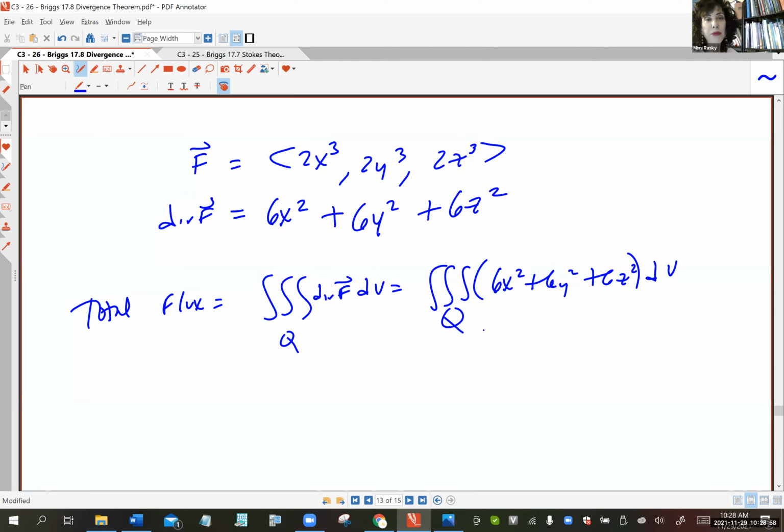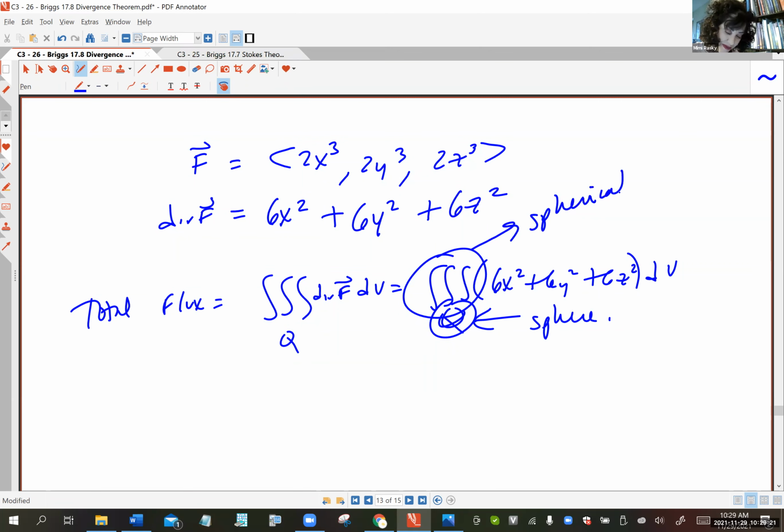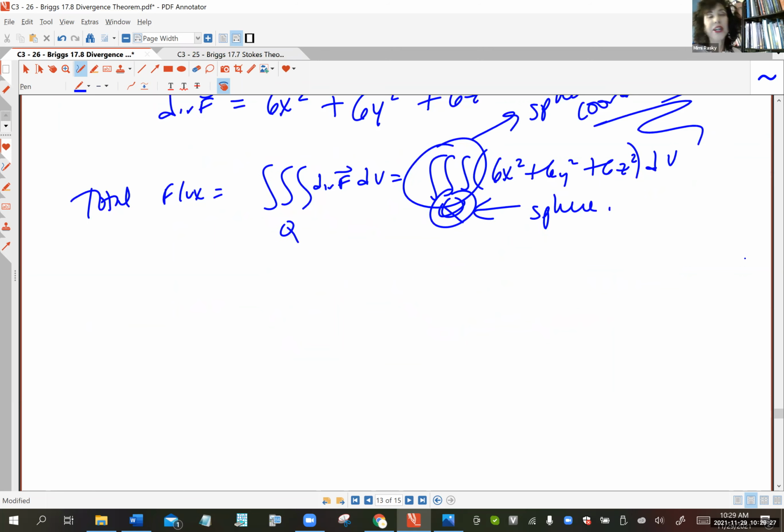Well, I hope you remember that when you have a triple integral and you're integrating over a sphere, what do we usually convert to? Anybody remember? Polar. Close. Triple integral. Spherical. You're going to need spherical coordinates. So we're going to convert.